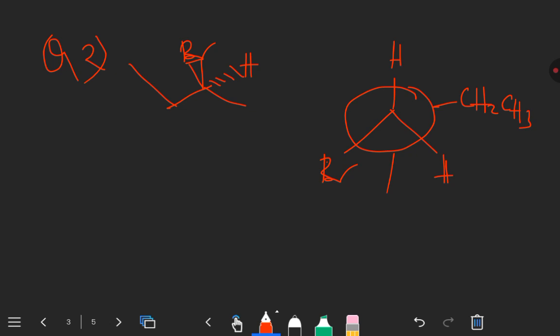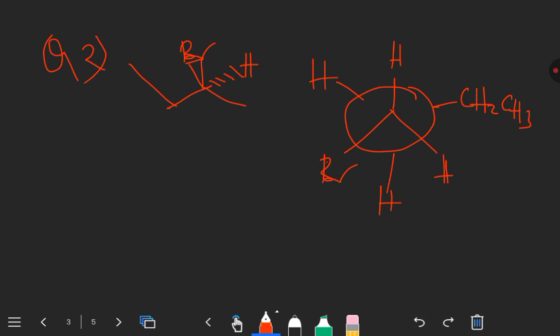Then we have H, then we have H. Okay, so let's look at these two structures. We'll start with the first structure.